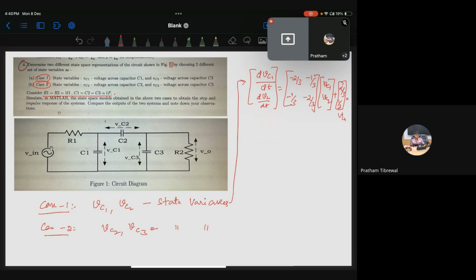Then V naught equal to 0, 1, times VC3, plus 0 times Vin.